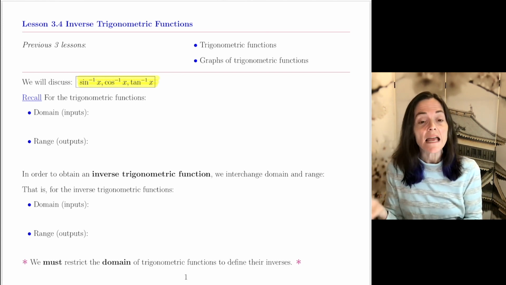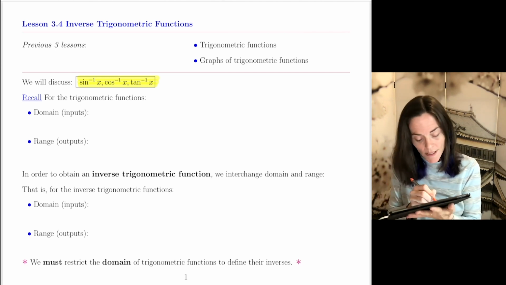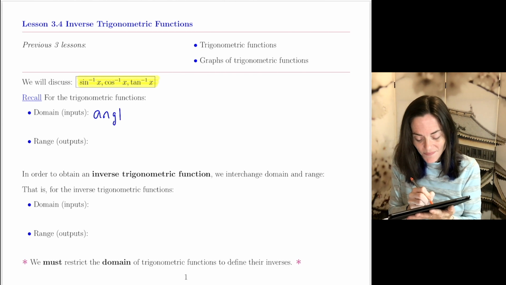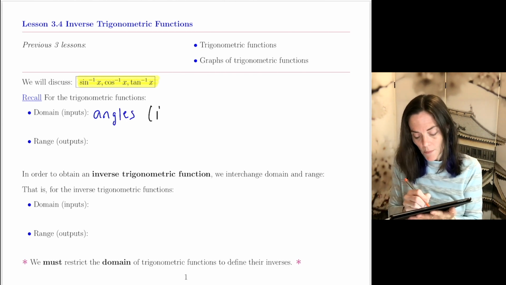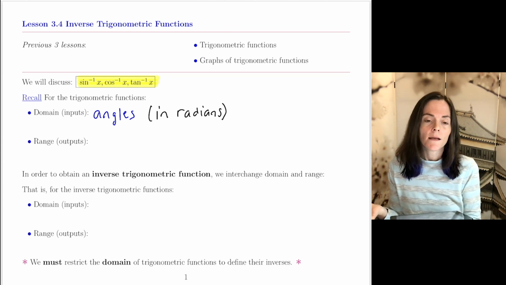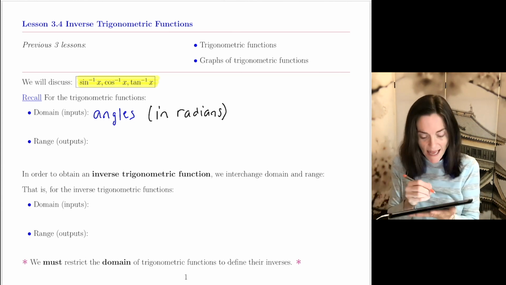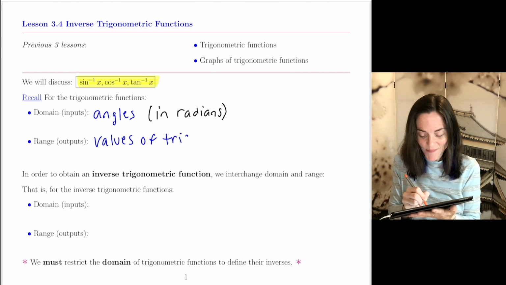Let's recall, for the trigonometric functions, the domain or inputs, these are angles. And in calculus, or certainly in this ramp up, we measure angles in radians. Now, the range of a trigonometric function, the outputs, I will just say it this way for the moment, these are the values of the trigonometric function.